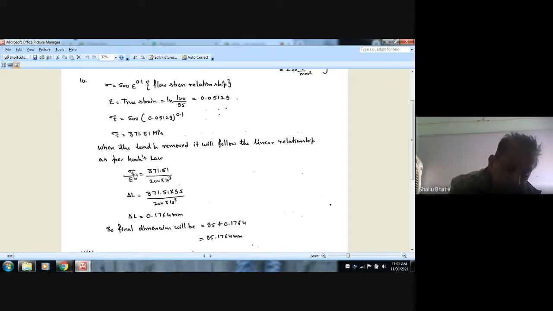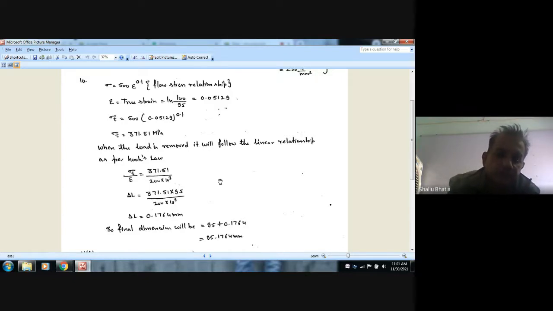So the material will follow Hooke's law. Okay, sigma t by E is your strain, and the change in length will be 0.1764.